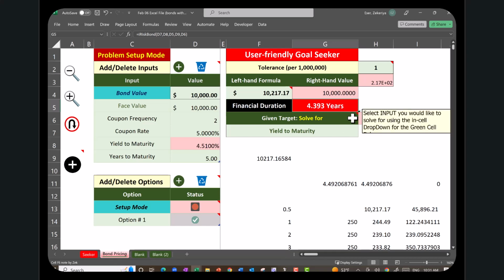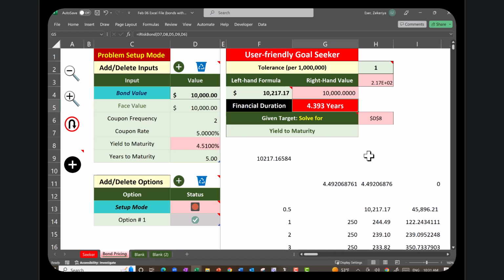Now, you're thinking, why am I thinking in years? Technically speaking, this is what it is. If you increased yield to maturity by a very tiny amount, okay?